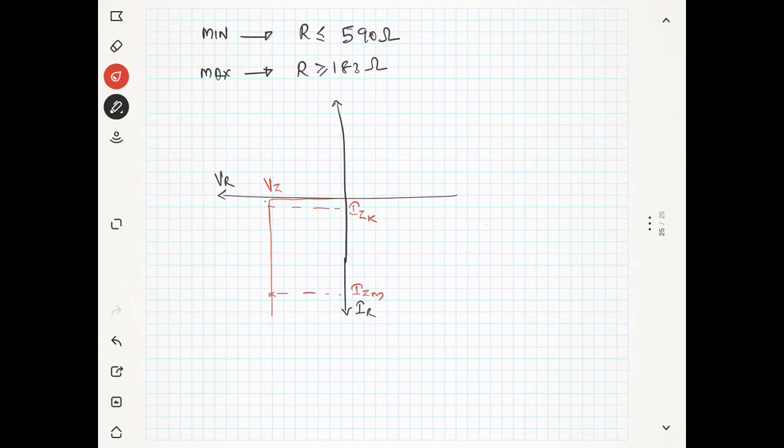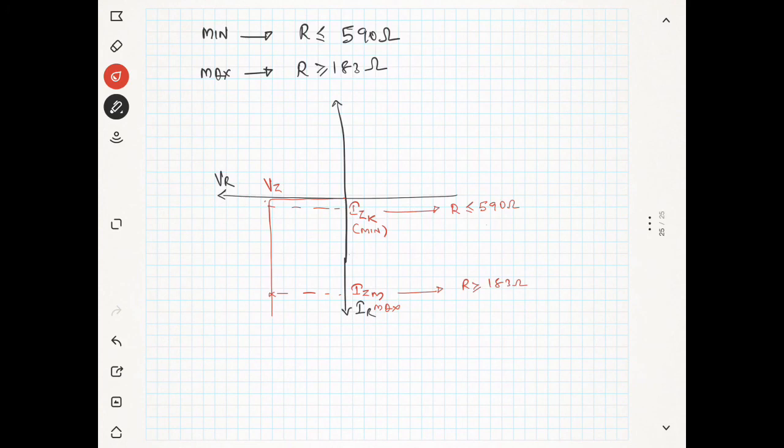According to this, we got the condition that R should be less than or equal to 590, and according to this, we got the condition that R should be greater than 183 ohms. Now, if you put a low resistance, for example 100 ohms, if you reduce the resistance, the current will increase. Then what will happen? The current through the Zener diode also will increase and it will damage the Zener diode.